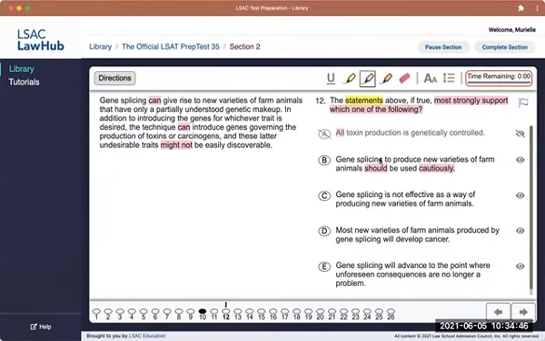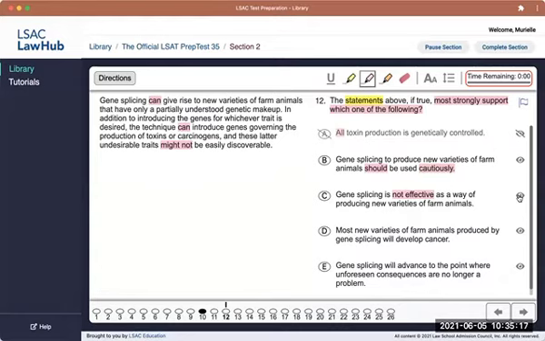Those are different questions. C, gene splicing is not effective as a way of producing new varieties of farm animals. Whether it's effective or not isn't really an issue. We know that it's possible. Its effectiveness, I think, depends.